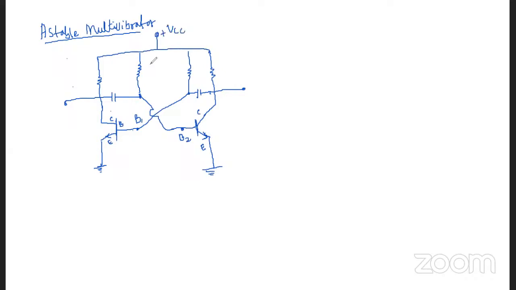These are the two resistors, R1, this R2. This is the RC1 resistor. This is the RC2 resistor. That is nothing but a collector resistor. So this is the first transistor Q1. This is the second transistor Q2.